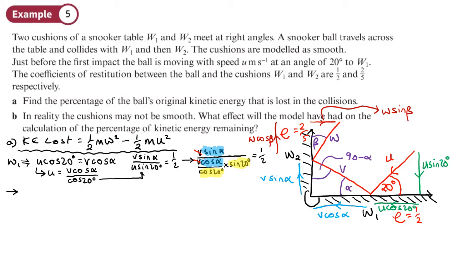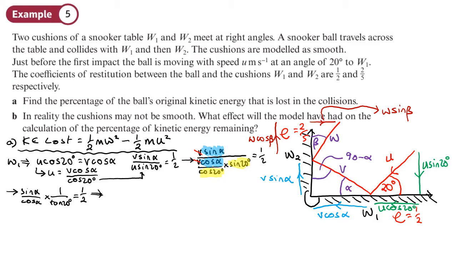So simplifying that out, actually let's do it in two steps. So sine alpha over cos alpha, and actually that's going to be over tan 20, so I'll put times 1 over tan 20, that equals a half.